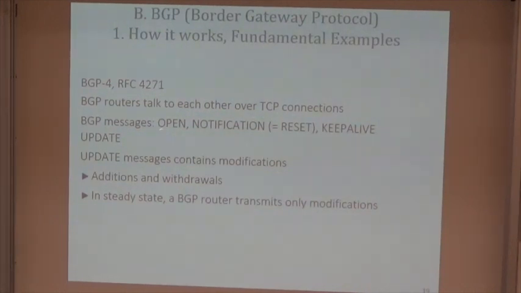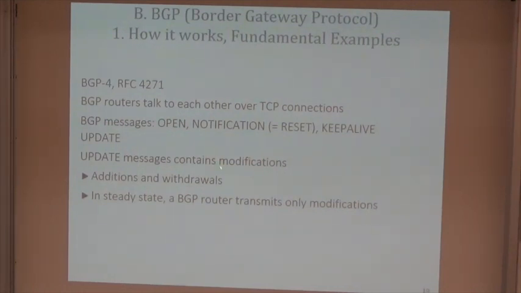Now, a big difference with OSPF is that BGP does nothing if there's, sorry, that's not a big difference with OSPF. BGP does nothing if there is no change. That's similar to OSPF. There is no link state update sent except after a very long timeout.